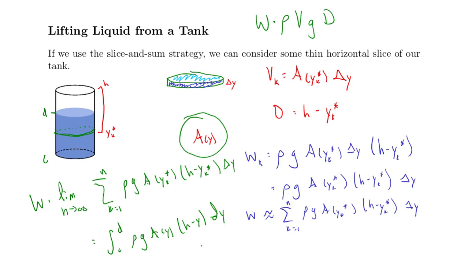Now sometimes this is left as a more general d of y function, but for the most part our distance is really just going to be a difference of the exit point y value and the y value of the slice.